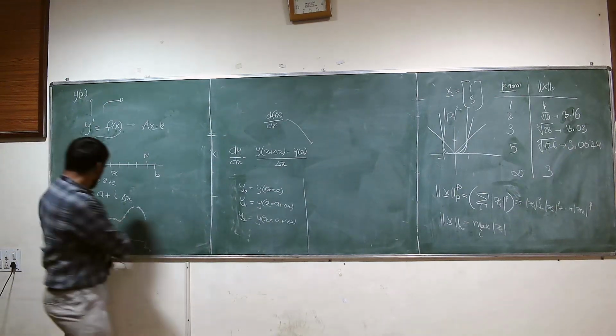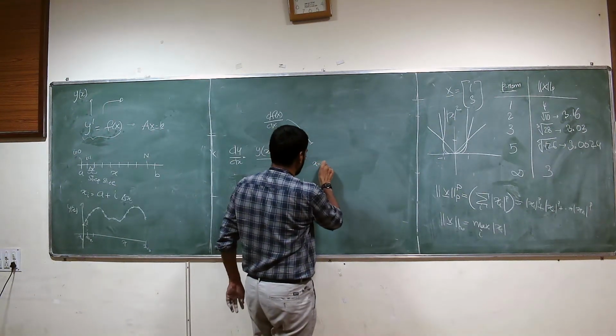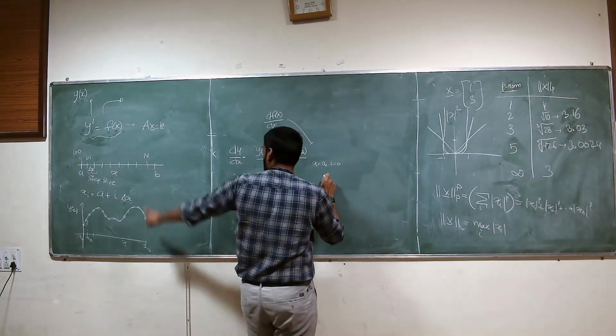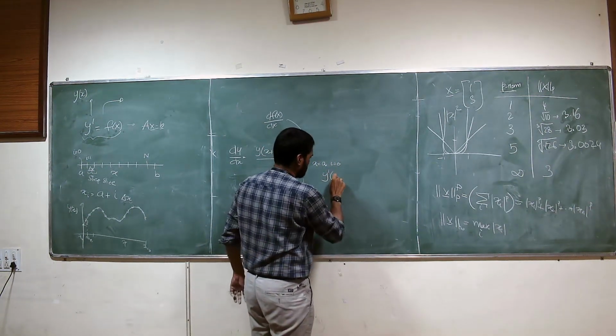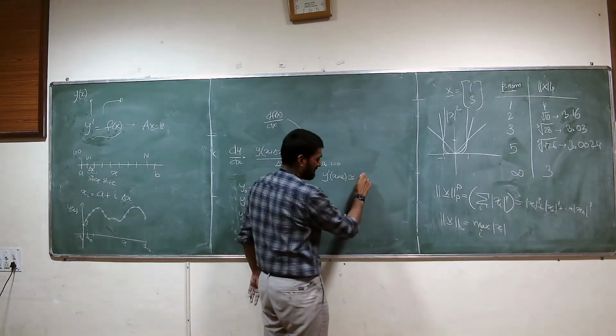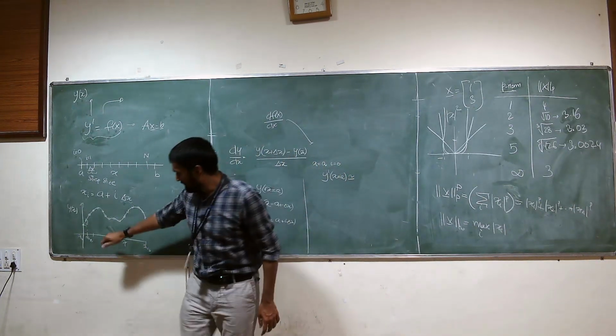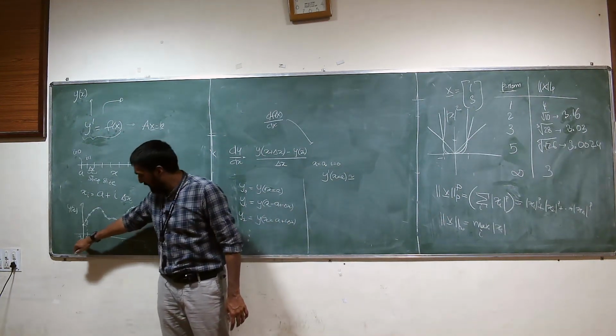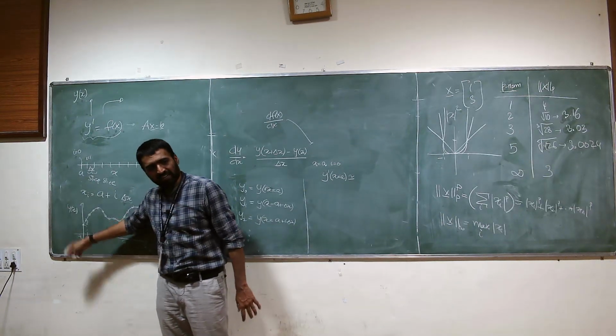So at x equals a, or i equals 0, my derivative y dash at x equals a is approximated as the value of the function at a plus delta x minus the value of the function at a, divided by delta x.